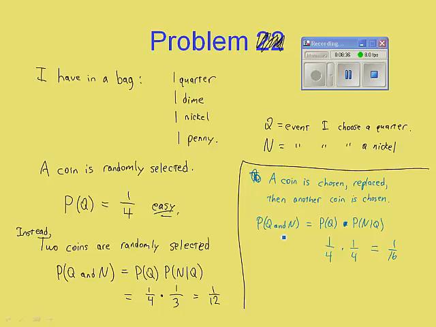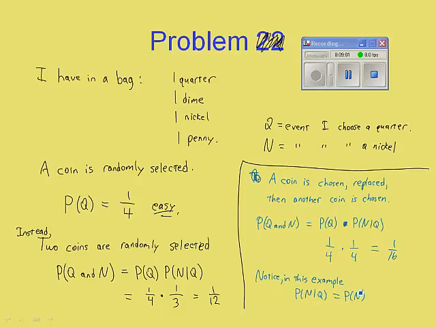And the interesting thing about this is that notice in this example, the probability of N given Q equals the probability of N. Right?